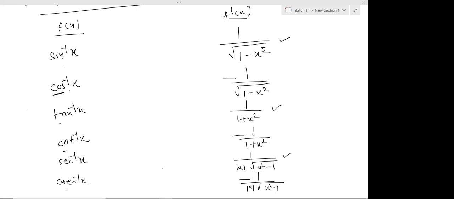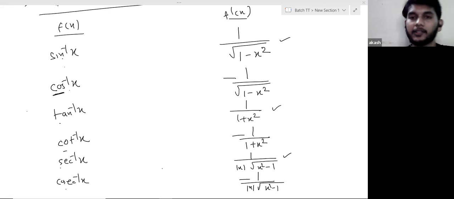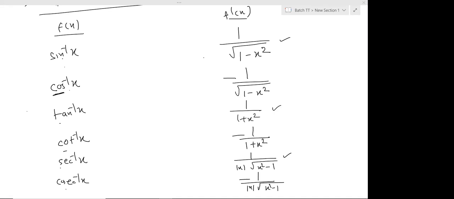What's the subheading, sir? Subheading: differentiation of inverse trigonometric functions.